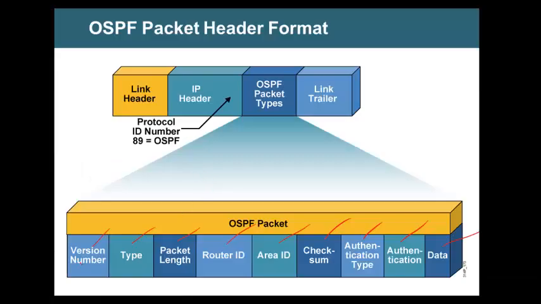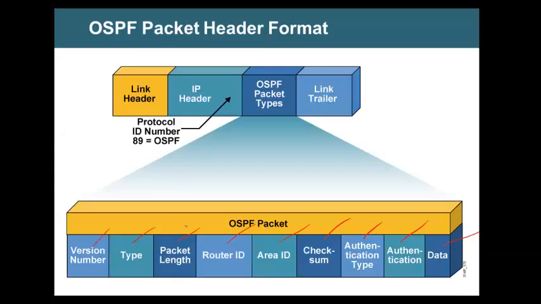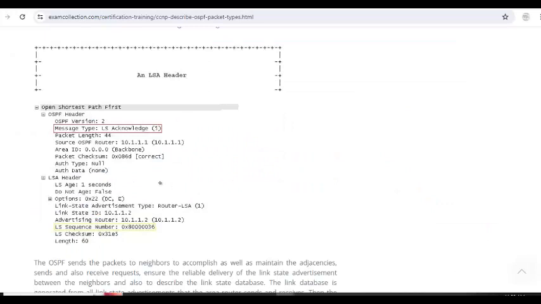See, authentication type is null. Authentication data is also none. And this is the payload of OSPF. This is the data of OSPF. You see data. See, I told you, no sequence number. You see sequence number 0x80000036. Right. So these are all shared.